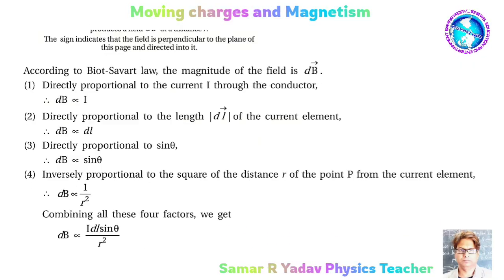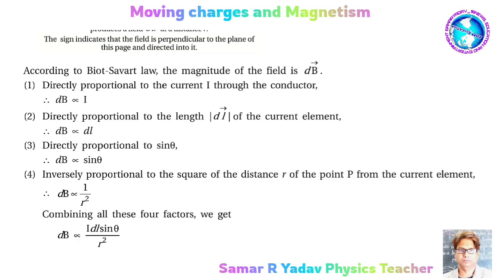According to Biot-Savart law, the magnitude of the field dB is first directly proportional to the current I through the conductor, therefore dB proportional to I. Second, directly proportional to the magnitude of the length dl of the current element, therefore dB proportional to dl.